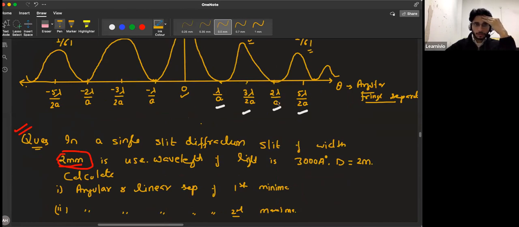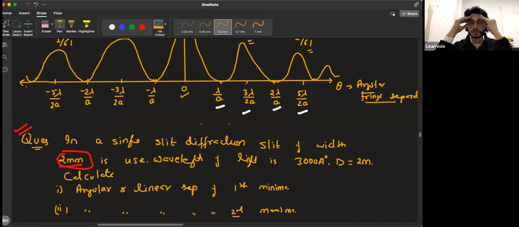Nabil Ahmed, the first part, angular and linear separation. No, Nabil, it's wrong. Akshay, first part is correct. Second part is also correct. Nabil, it's wrong. Just check your calculations again. Akshay is correct. And what about the rest?